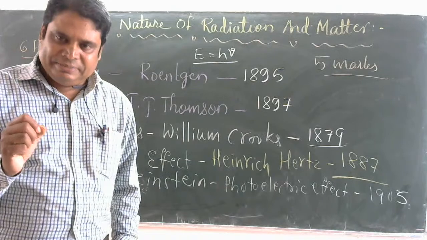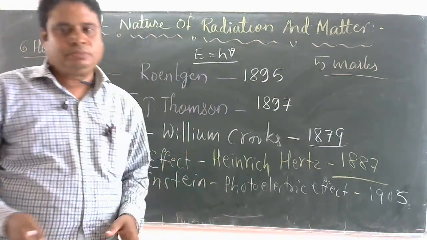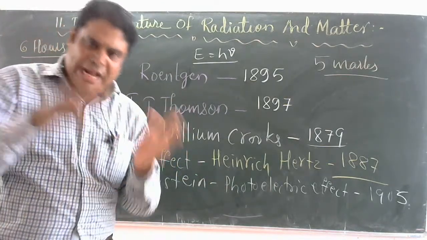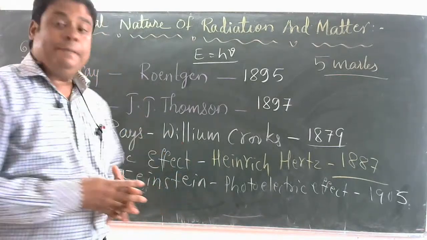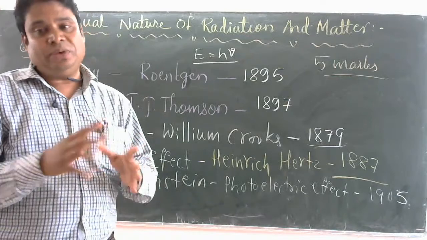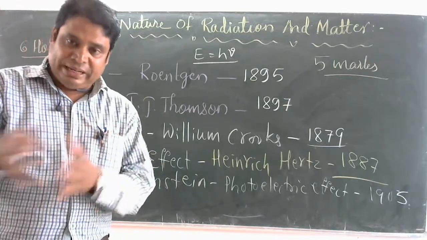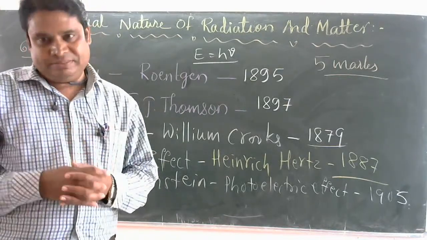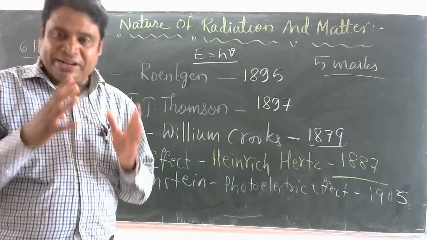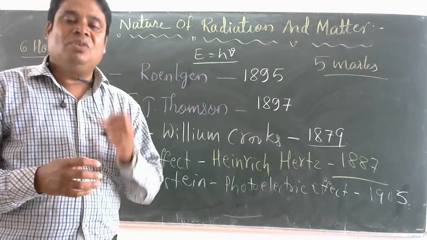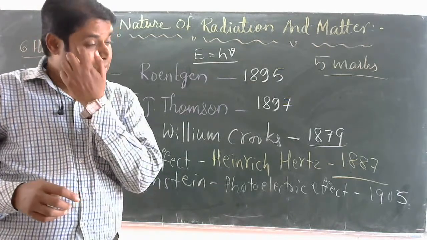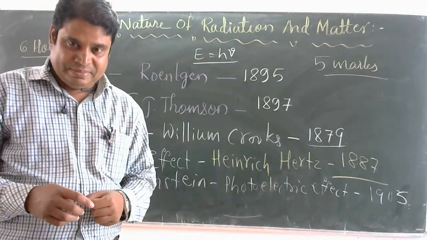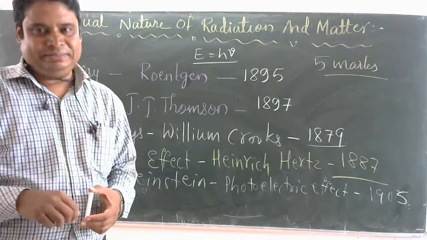Albert Einstein, just with the help of Max Planck's quantum theory, explained this photoelectric effect, this electron emission, by considering light as quanta, light as a particle, a packet of energy. How? We will discuss it.